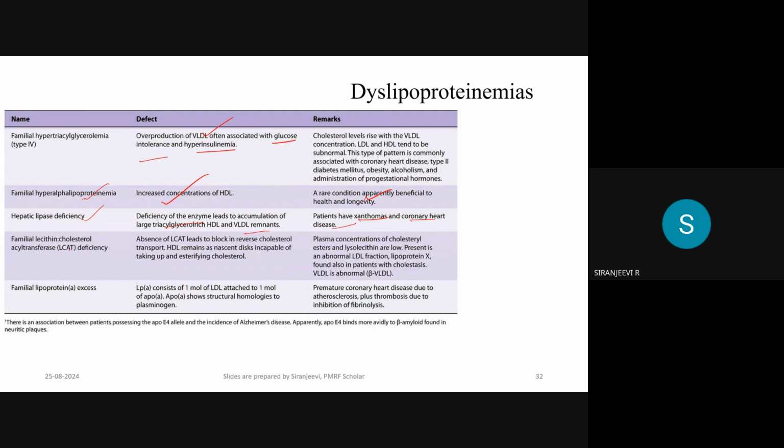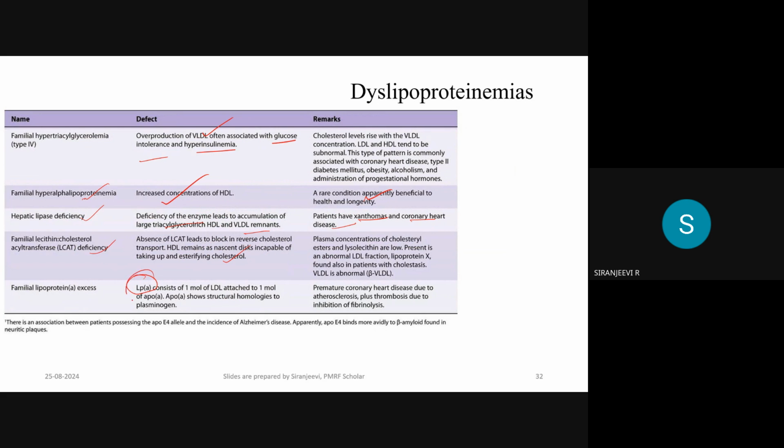And finally, familial lecithin cholesterol acyltransferase deficiency. This absence of LCAT leads to a block in the reverse cholesterol transport, and then the HDL remains as a nascent disc, incapable of taking up cholesterol. And finally, familial lipoprotein excess, that is Lp(a), which we have not talked about so far, consists of one mole of LDL attached to one mole of ApoA. ApoA shows structural homology to plasminogen.